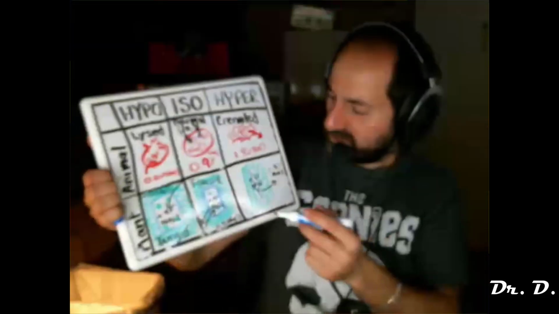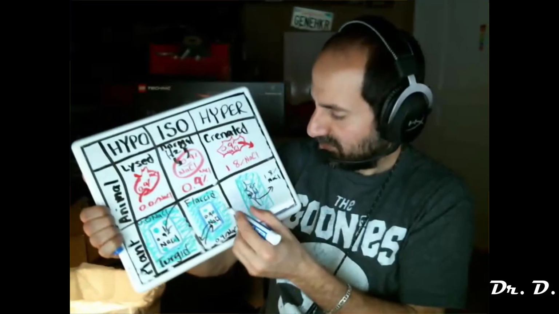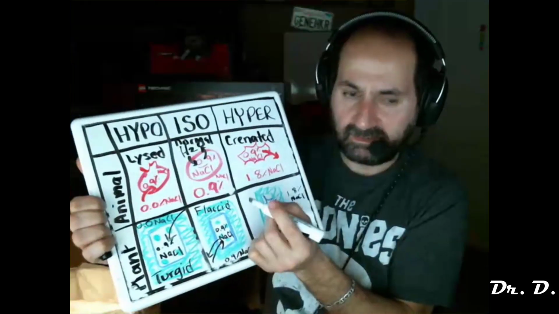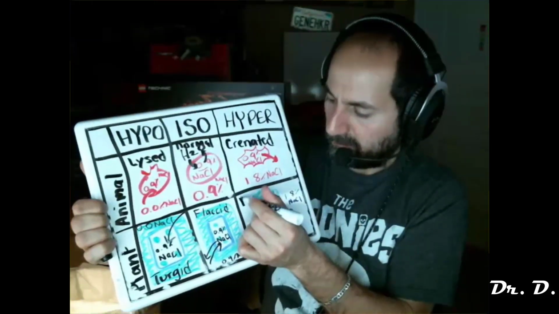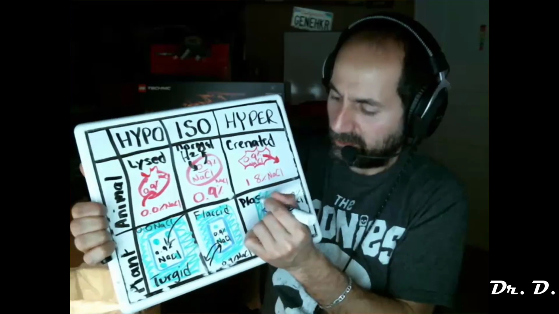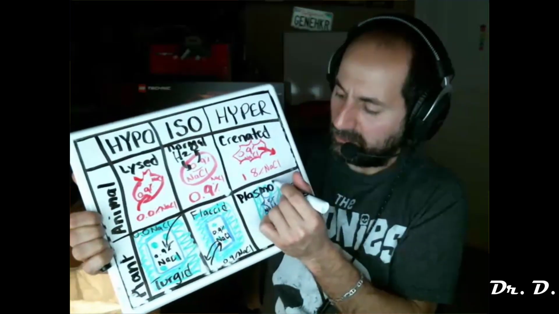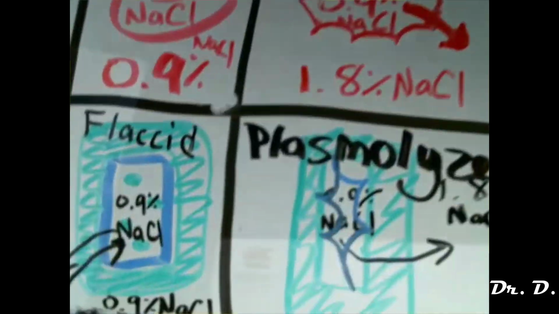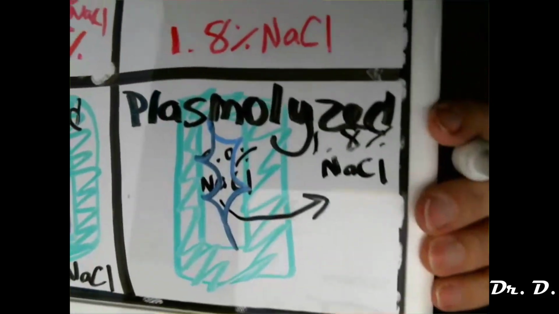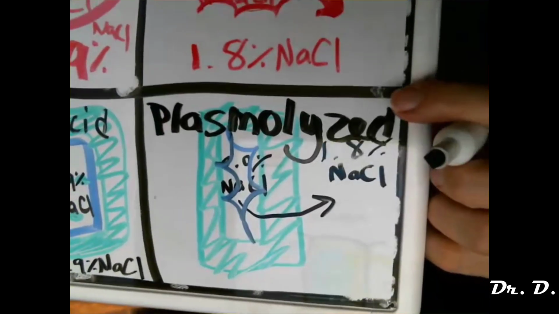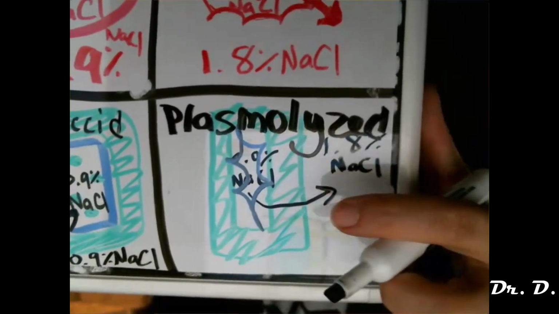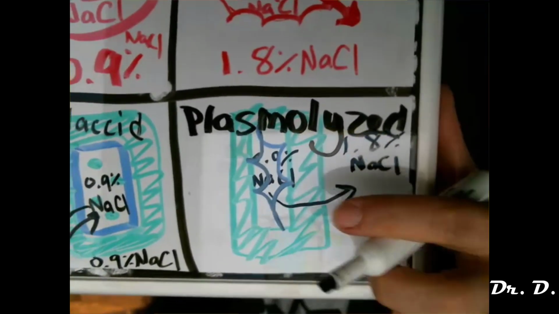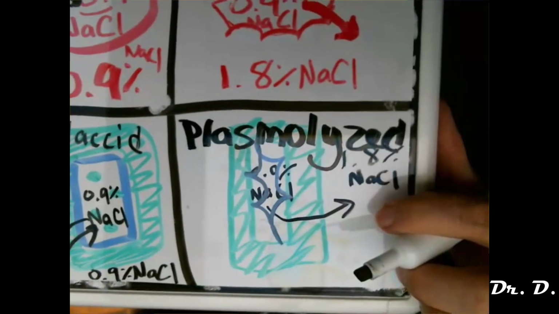Do you see that? So what happens is this is called plasmolyzed. Let me write that down here. Plasmolyzed. A plasmolyzed cell. Plasmolyzed cells are basically plant cells in salty environments or sugary environments where water's leaving the cell.